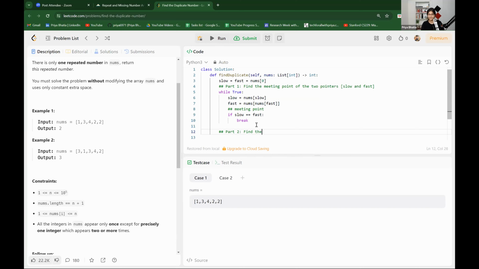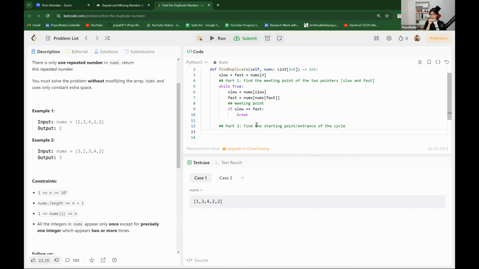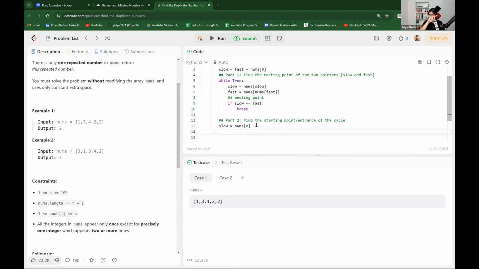We need to find the starting point, or you can say the entrance of the cycle, and that would be the duplicate element that you really want to print. So you will initialize your slow pointer with nums of 0 again. It will start from scratch, but your fast pointer will be at its previous location only.